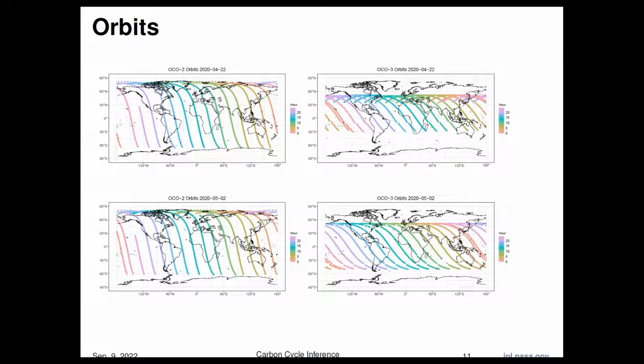The ISS orbit has a northward limit of 50 degrees north, so we get a lot of observations in that range, but nothing further north due to the ISS orbit. The other thing that this irregular orbit leads to is that the OCO3 observations are often collected at different times of day, which is a difference between OCO2 and OCO3.